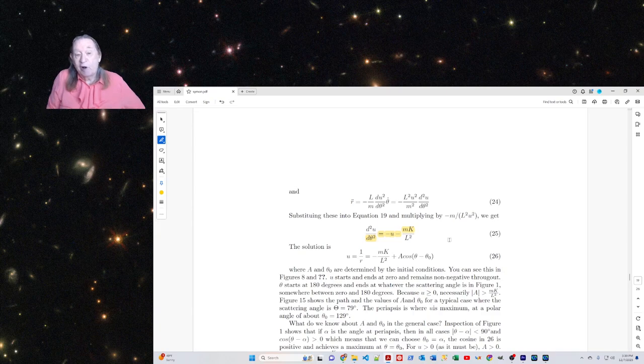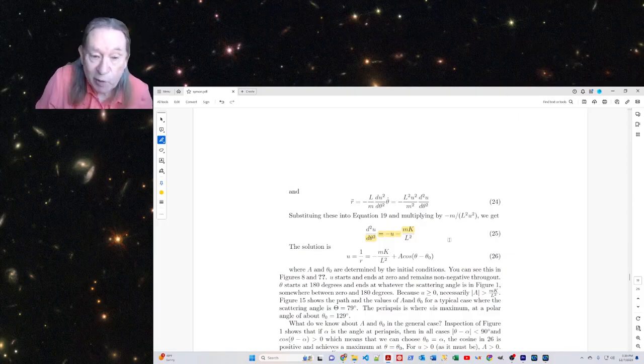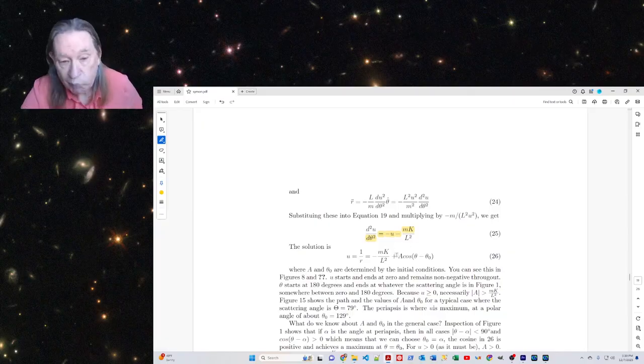The solution involves the cosine function, and there it is in equation 26. That's the solution to this equation. Our next task is to show that this is a hyperbola, and furthermore, we have to determine these constants, because this is a general solution, but we don't know A, and we don't know theta naught. We have to determine them.